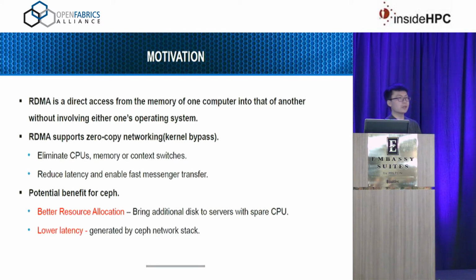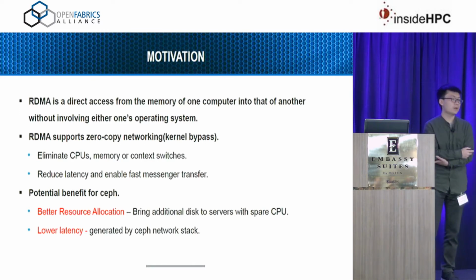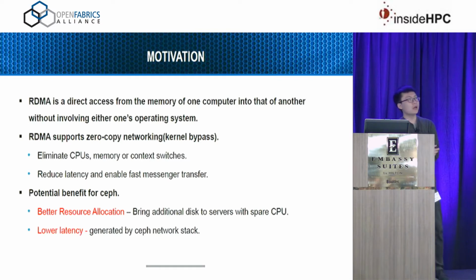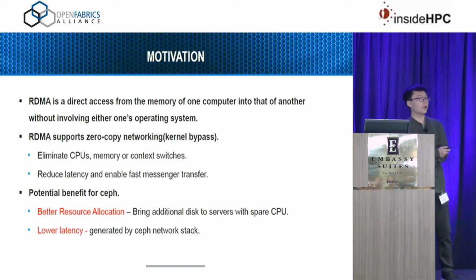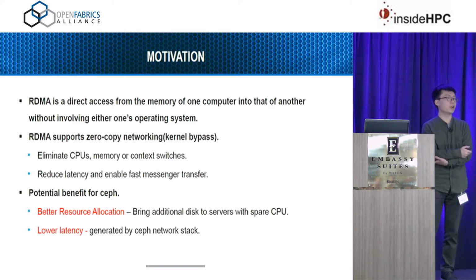So it also has the potential to reduce the message transport time. As for Ceph, Ceph is a distributed storage system, so messages must be transported between the client node and the storage node, or between different storage nodes.